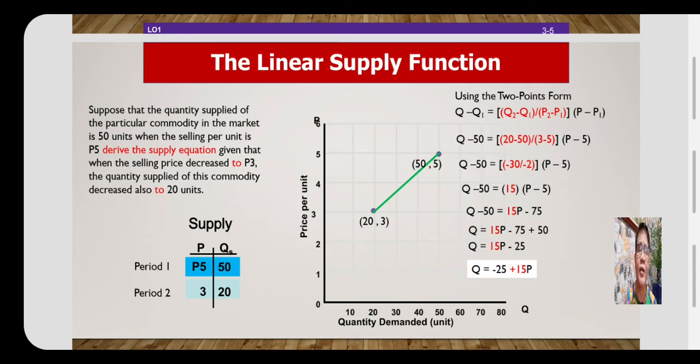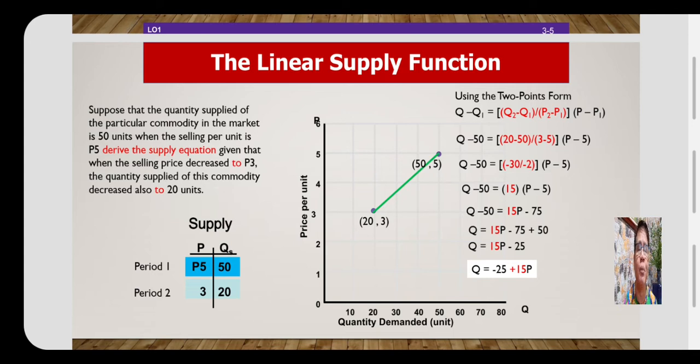So take note, class, that the pair of values is referring to period 1, or seeing it in the Cartesian plane, it is point 1. Point 1 has a paired value of 50 and 5, 50 being the quantity supplied and 5 being the price.